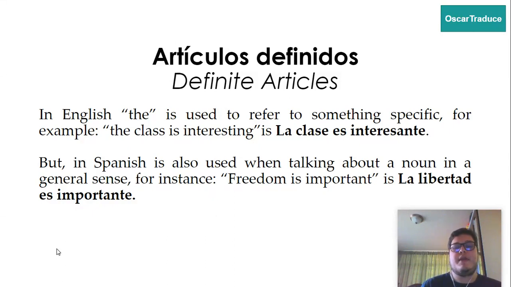When we talk about freedom, consistency, discipline, love, motivation, these types of words, in Spanish we have to use the article as well. So try to consider freedom, la libertad, because we have to use both words, the article and the noun, in Spanish.